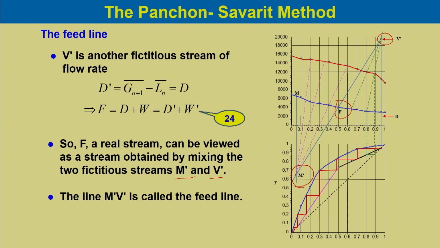The line M dash V dash intersecting F is called the feed line. So, this distinguishes between the stripping section and the rectifying section.